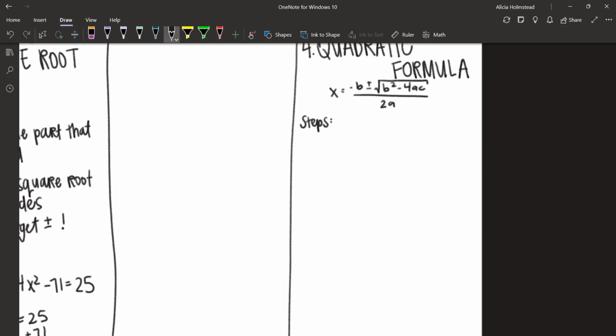Alrighty, so steps when solving using the quadratic formula. Step number 1 is to put the equation in standard form equal to 0. So what that will look like is ax squared plus bx plus c equals 0.